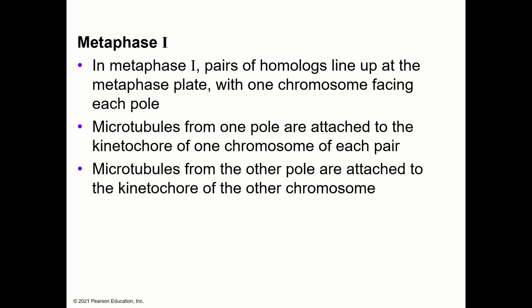In metaphase I, pairs of homologs line up at the metaphase plate with one chromosome facing each pole. Microtubules from one pole are attached to the kinetochore of one chromosome of each pair. Microtubules from the other pole are attached to the kinetochore of the other chromosome.